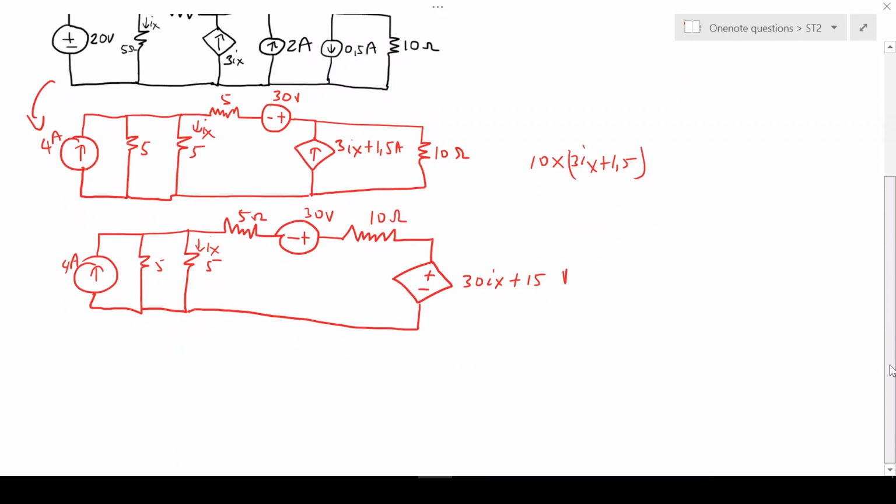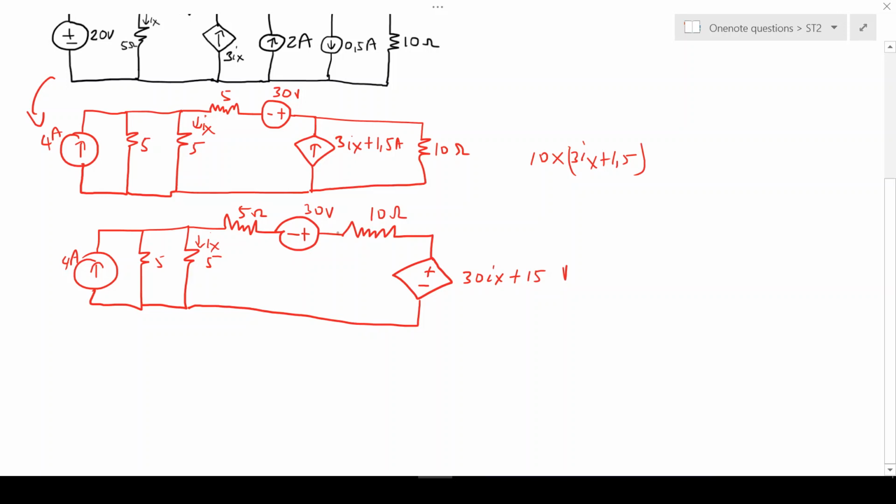The next step would be for me to add the resistances together to give me one series resistor. So that series resistor will be 10 plus 5, which gives me 15 ohms, and then also put the sources together. If I notice here, I first increase by 30Ix plus 15, and then I decrease by 30.